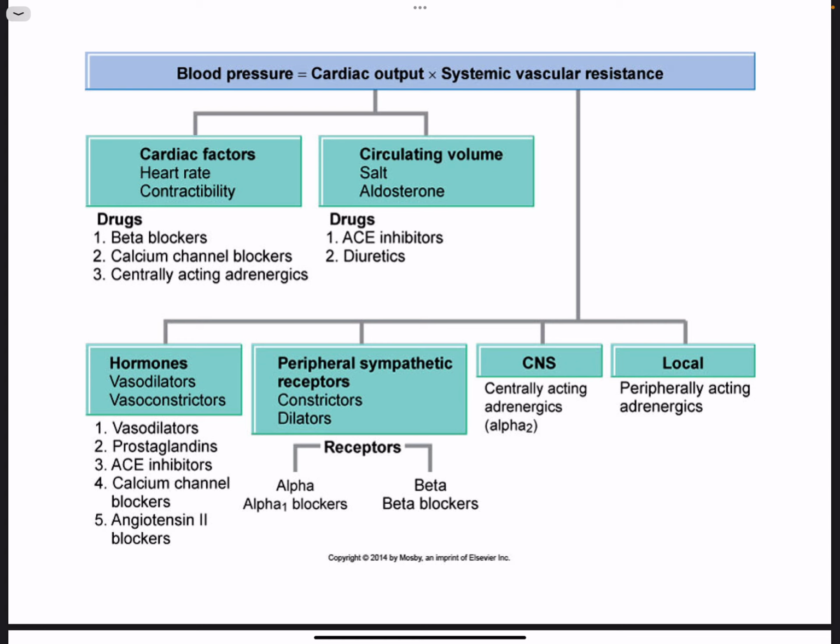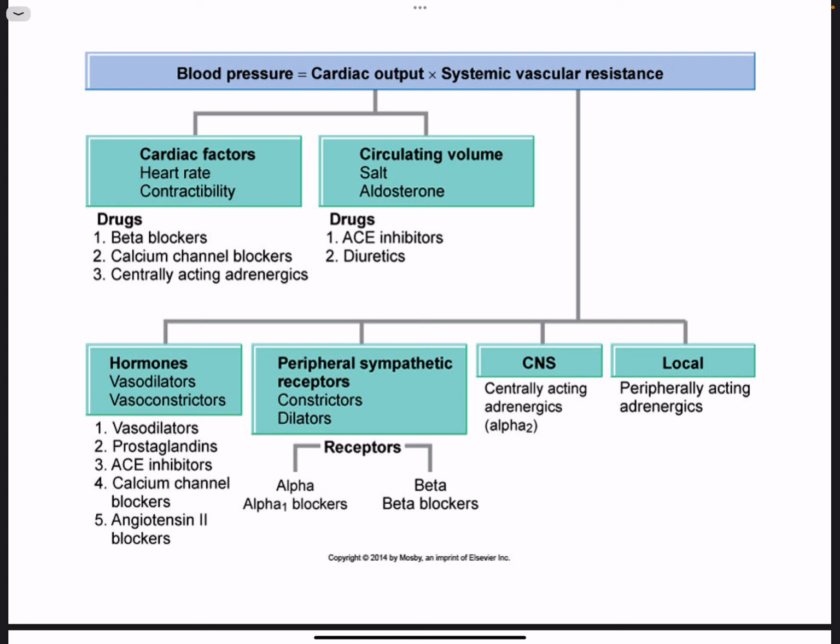Diuretics, we will discuss them in detail. Here just briefly, as we discussed previously, they will block the sodium chloride from being absorbed from the nephron, whether it is in the proximal, loop of Henle, distal, or collecting duct.